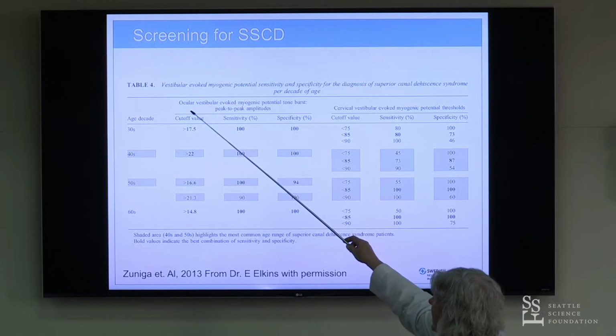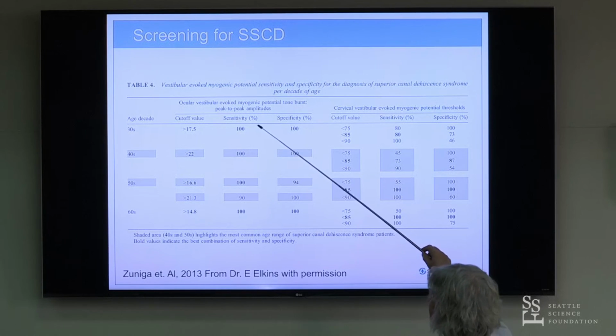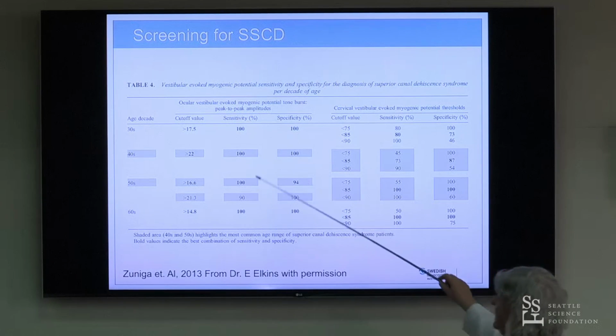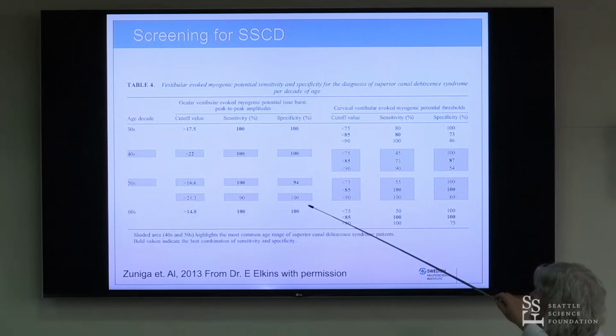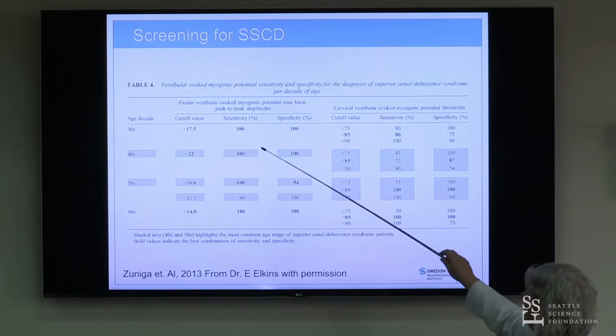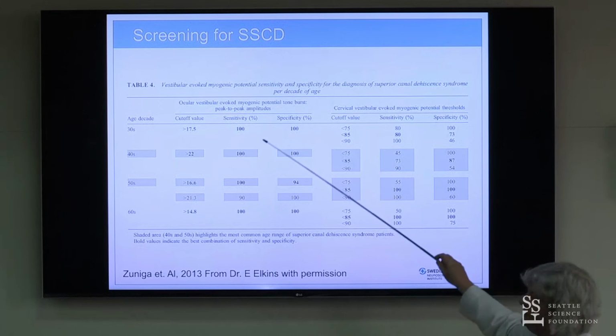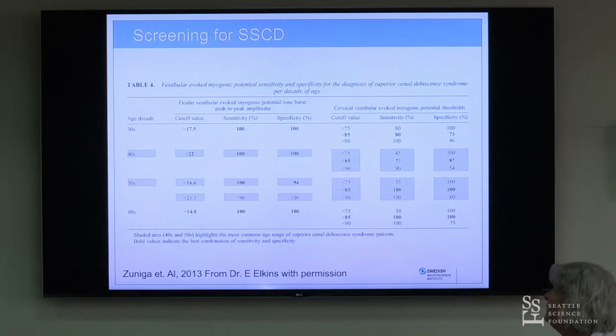We're ending up with the ocular VEMP sensitivity and specificity in the high 90s, almost perfect, 94, 100. It's really hitting these canal dehiscences versus your cervical VEMPs, highly variable, sometimes down to 54, 55, 60%.